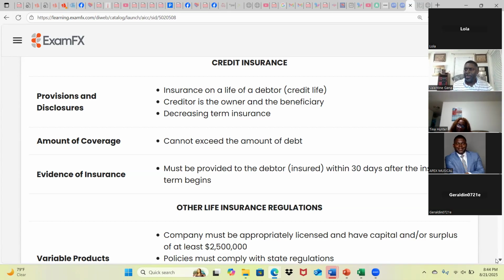Creditor is the owner and the beneficiary. The debtor is the insured and the payer of the policy. Decreasing term.